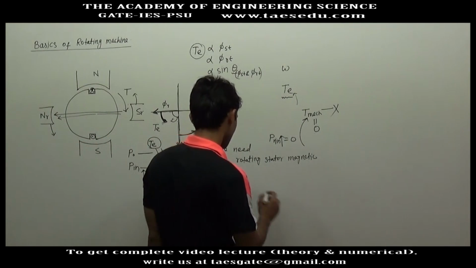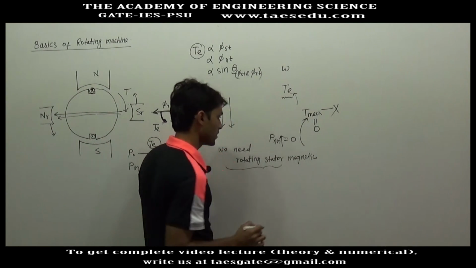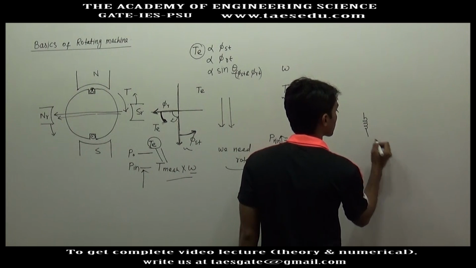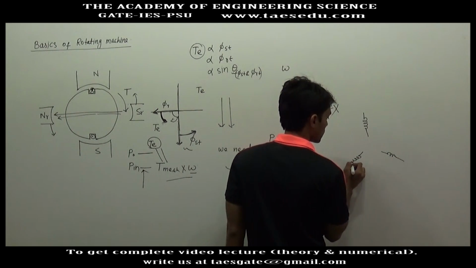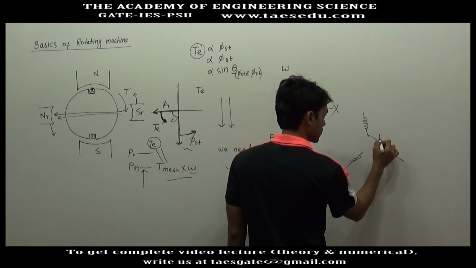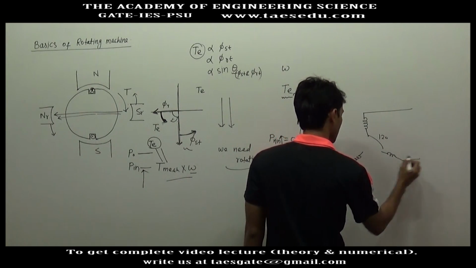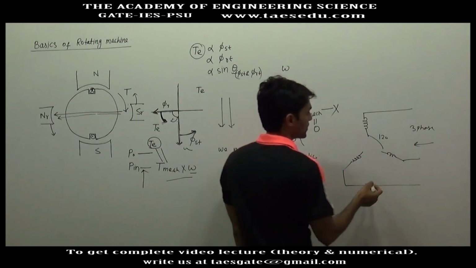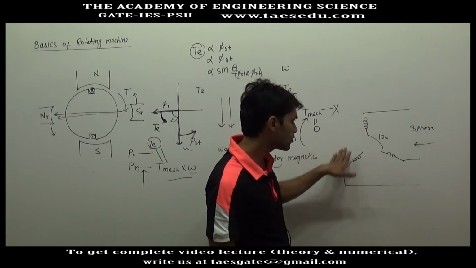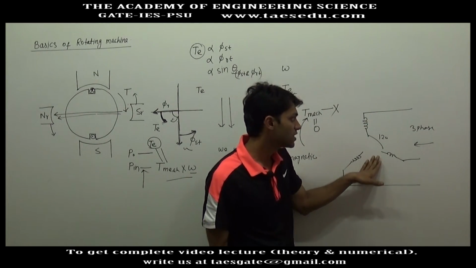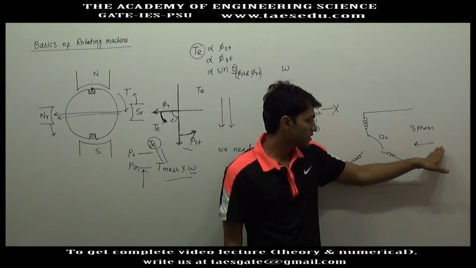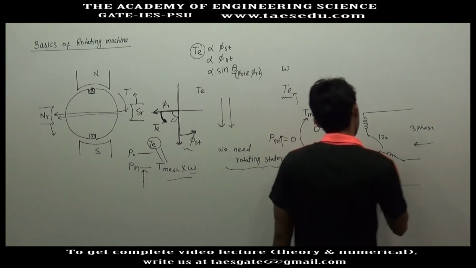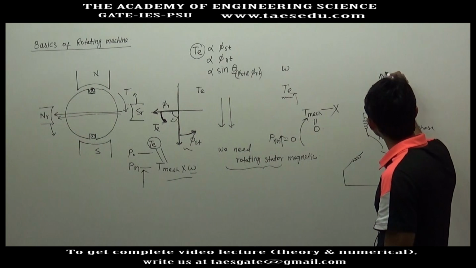So in the next lecture, we will see how we can produce a rotating stator magnetic field with the help of a three-phase winding. If three-phase windings which are space displaced by 120 degrees are given a balanced three-phase supply, then without rotating, these three windings will be stationary, but the overall magnetic field due to these three windings will be rotating.